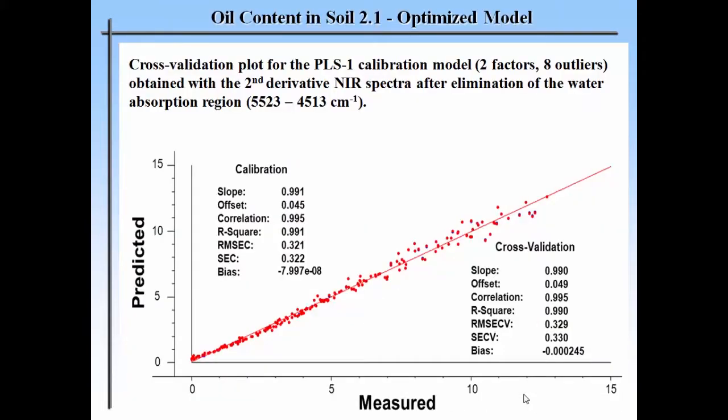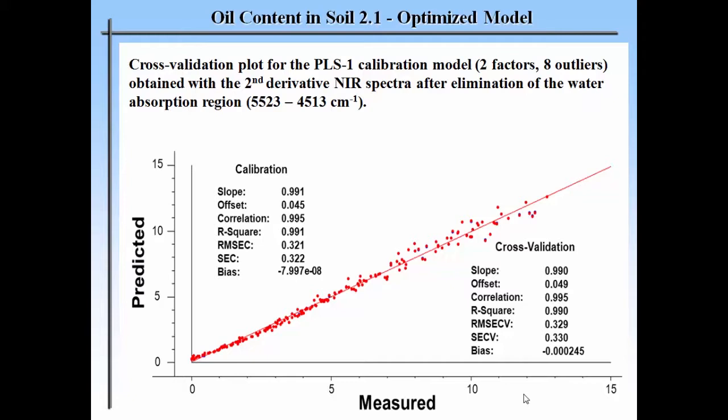This was a calibration. You see, we had very good values here. There was a little bit of scatter here. I don't know whether it was a heterogeneity of the soil. Also, we made replicate measurements in different positions in order to have representative results, but we had a larger scatter here.